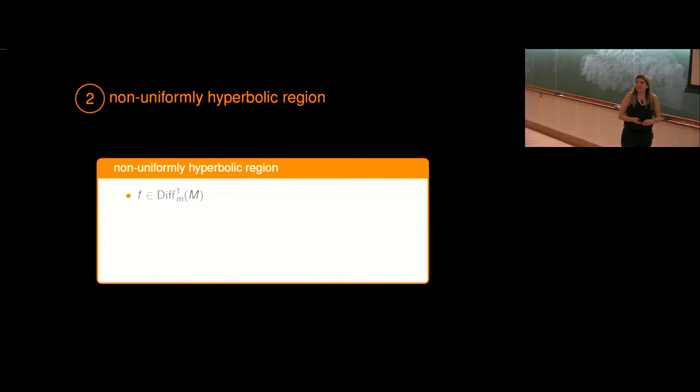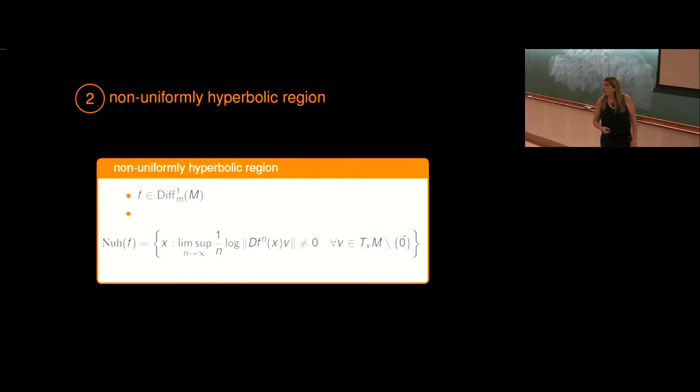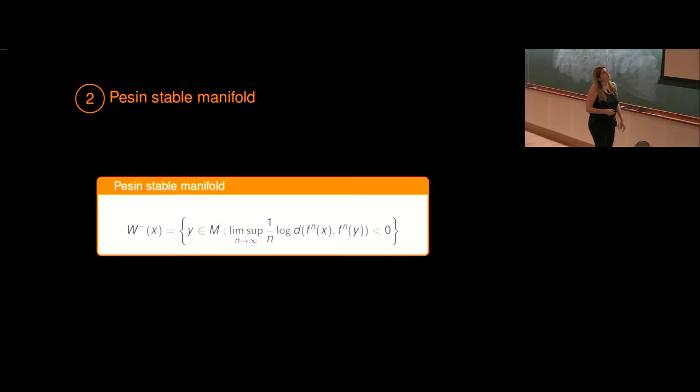So let me introduce the elements we are going to use to present this result. First thing, I will go a little bit fast because you already are familiar with this, thanks to Marcelo and to Stefano. This I will call the non-uniformly hyperbolic set, or Pesin region, which is the set of points that have non-zero Lyapunov exponents. Okay? So this we know.